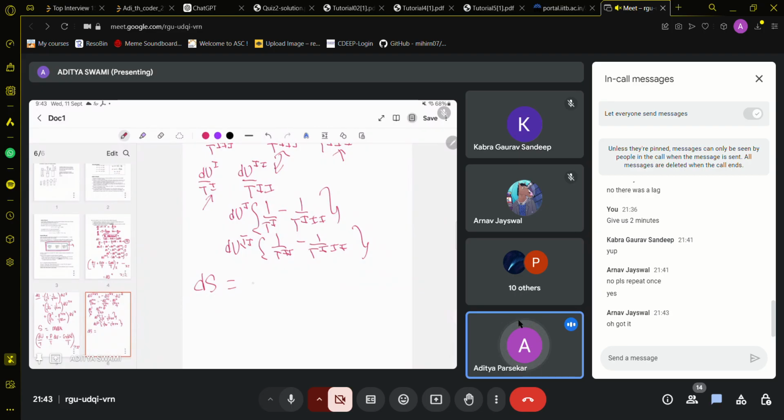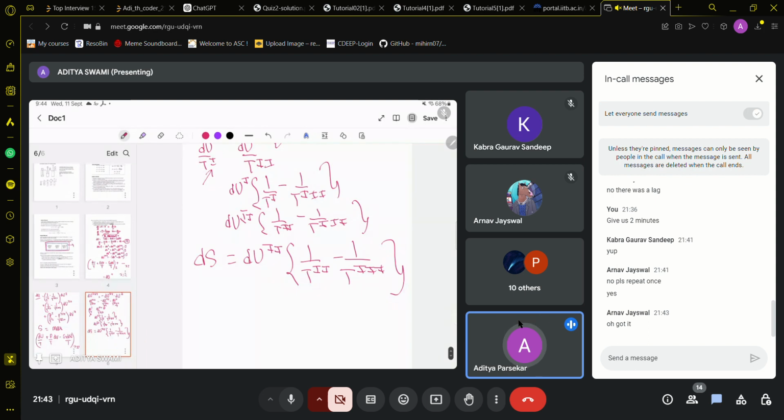So this ds is du2 into 1 by t2 minus 1 by t3, similarly plus p2 by t2 minus p3 by t3 into dv2.